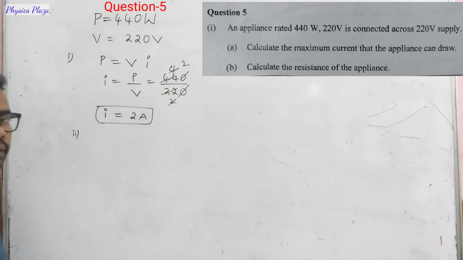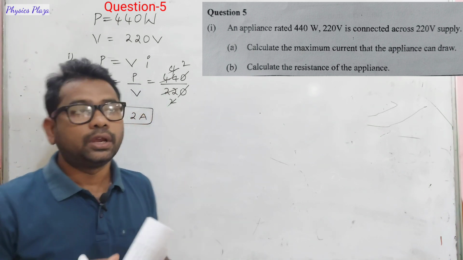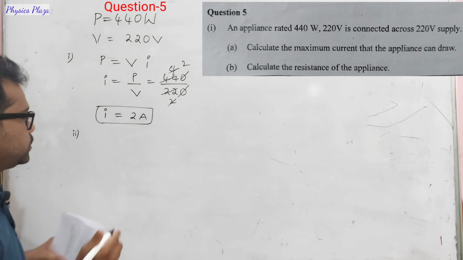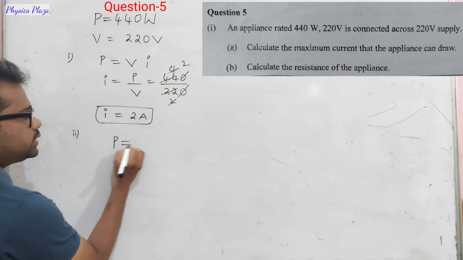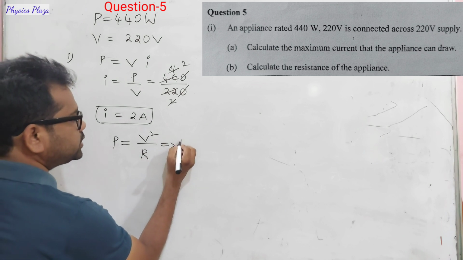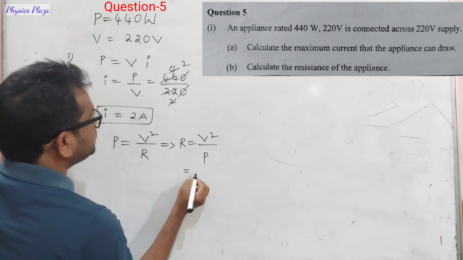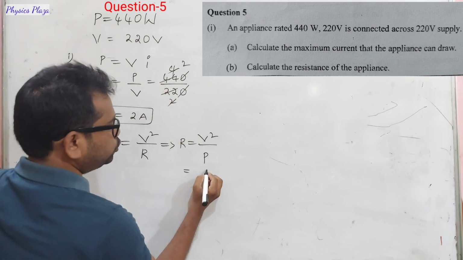Now in this only, the second question asks to calculate the resistance of the appliance. Now they are asking for the R value. So children, we know that P is equal to V square by R. From this we can write R is equal to V square by P. Now let us substitute the V value, that is 220.